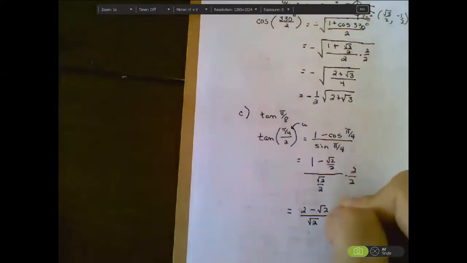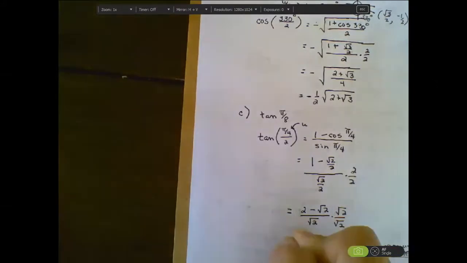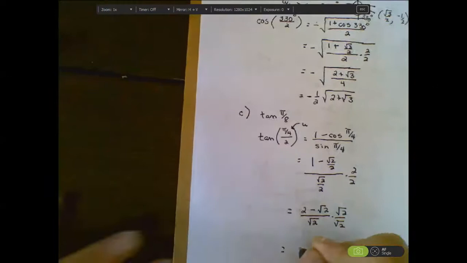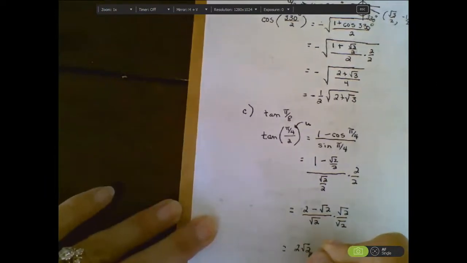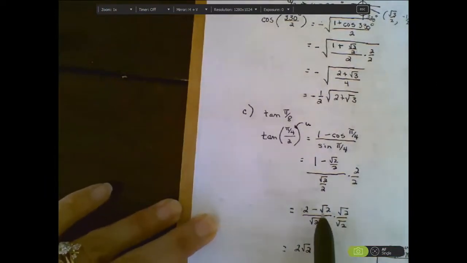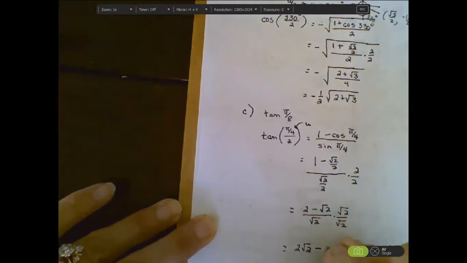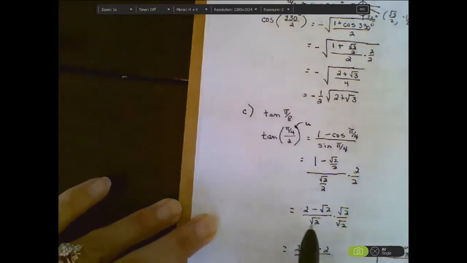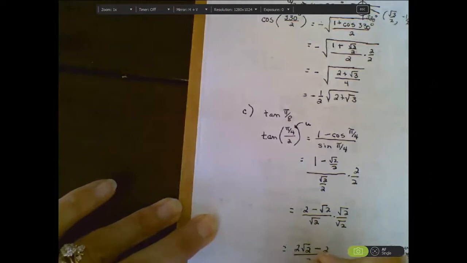And if you're supposed to rationalize that denominator, you would have 2 square root of 2 minus, that would be square root of 4, which is just 2, over square root of 4, which is just 2.